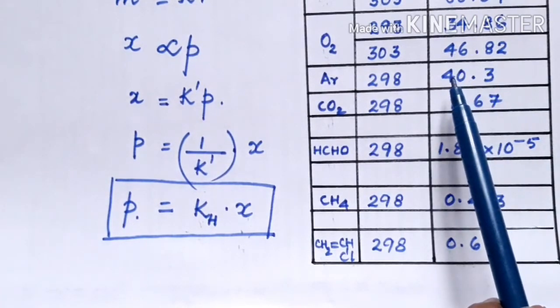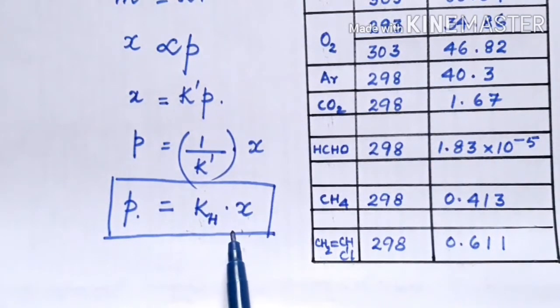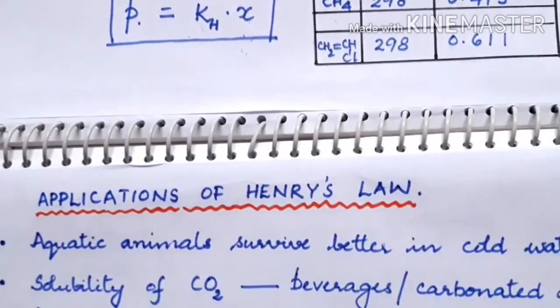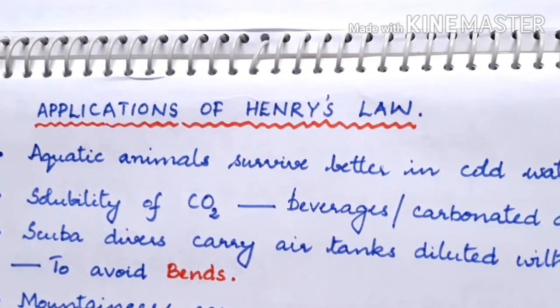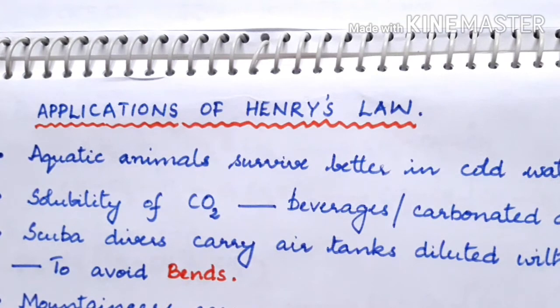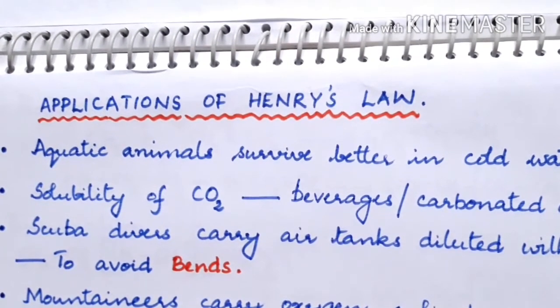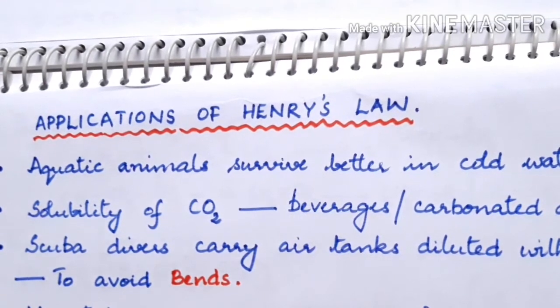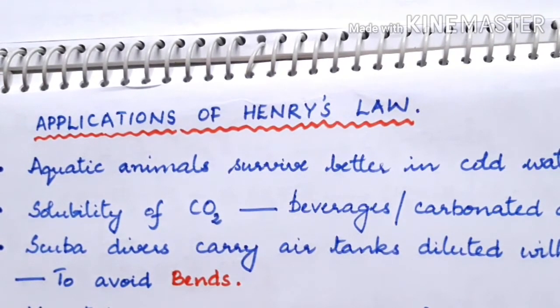When KH value increases, the solubility, that is the x value, decreases. The solubility of gas decreases. That is, at a higher temperature, the amount of oxygen dissolved in water decreases, which will affect the survival of these aquatic animals.